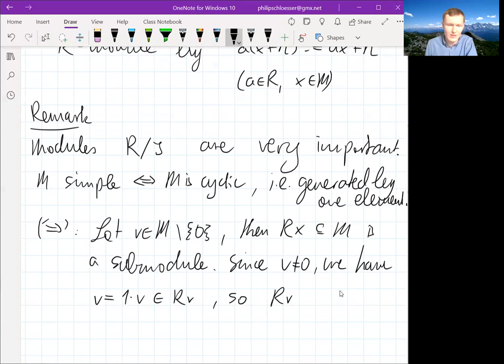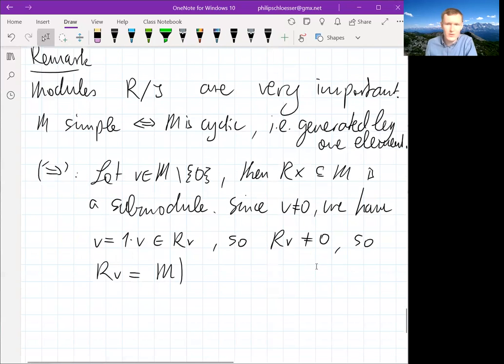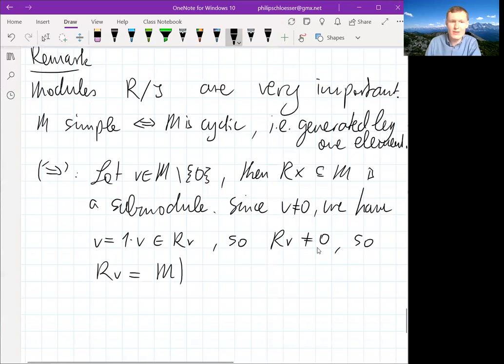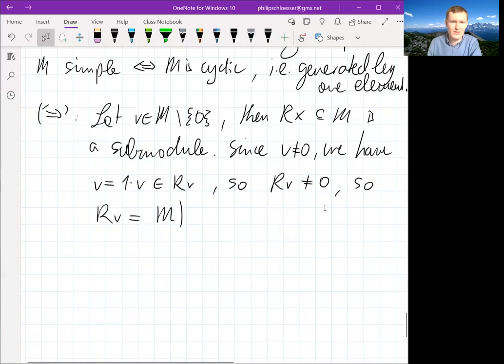So this thing can in particular not be 0. So then RV has to be all of M because M was supposed to be simple. And the other way around should also work. This is sort of akin to having, in topology, irreducible spaces. And at some point you prove that a space is irreducible if and only if it is the closure of a single point.